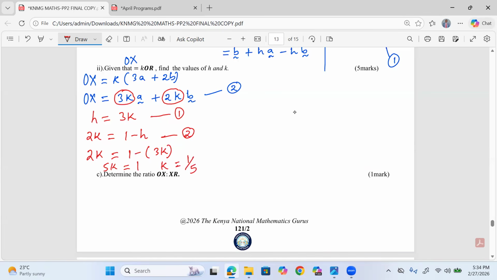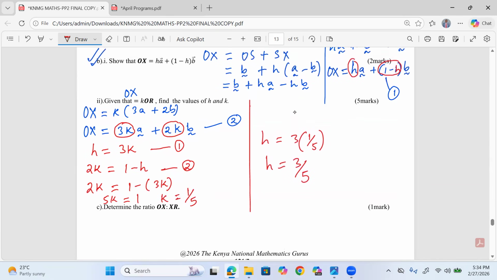We divide by 5 through. With 1 over 5 as the value of K, what will be the value of H? 3 into the value of K, which is 1 over 5. So the value of H is 3 over 5. Now we have the value of K and the value of H. Very easy to work out.